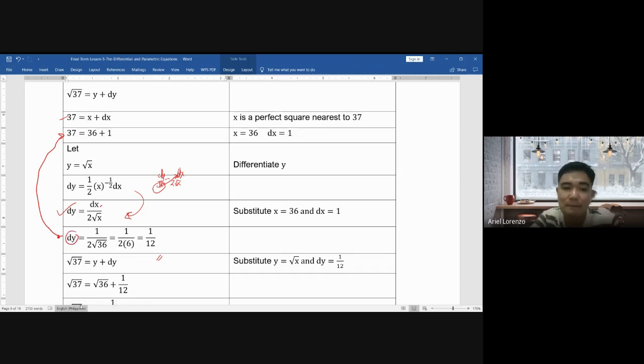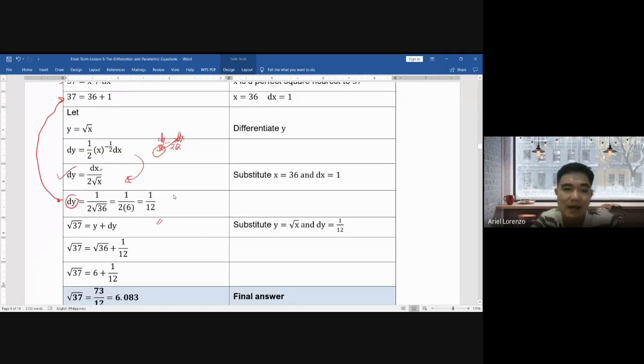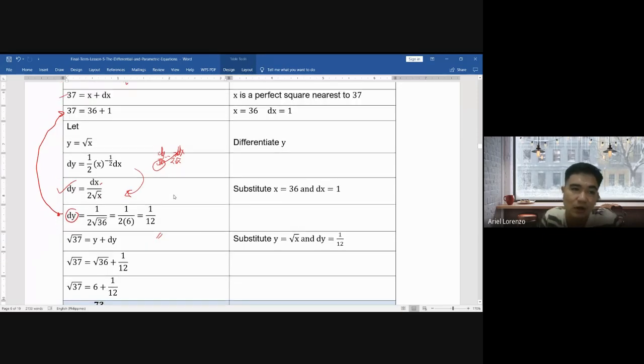Ngayon class, balik ka ngayon dito sa taas. Oh, di ba ito yung square root ni 37 daw ay equals kay y plus dy? Tama? O, ano ang y mo, class? O, di ba ang y mo is ito, y is equal to the square root of x.